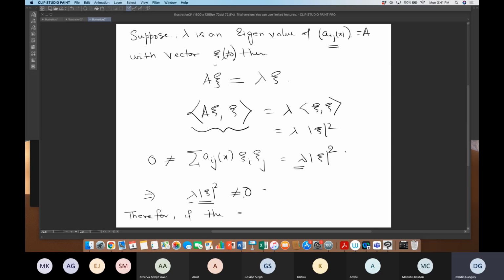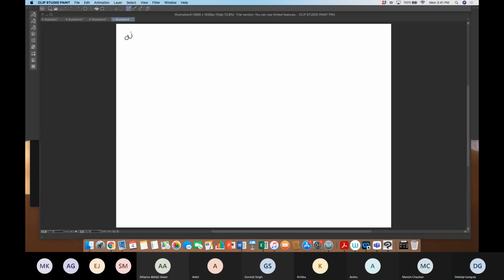That means if the equation is elliptic, then all the eigenvalues are either positive or negative, since they are real because the matrix is symmetric.